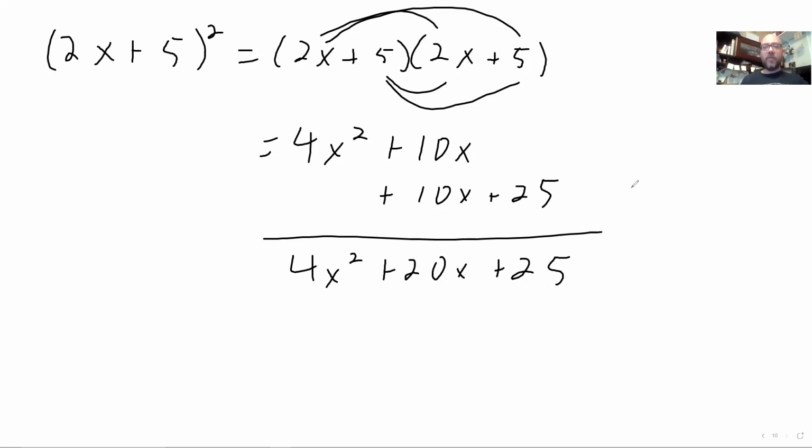So if you happen to notice that this is a perfect square and this is a perfect square, then you can take the square root of the 4 and the square root of the 25, get 2 and 5, multiply those together, get 10, multiply that by 2, and if that happens to be this, then great, it's a perfect square trinomial. If not, if you're just asked to factor something, 4x squared plus 20x plus 25, and you didn't happen to notice that property, just do the AC method, it'll work fine, right?